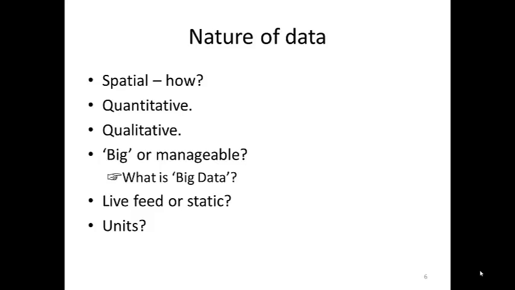Anyway, do you have manageable data or is it big data? Do you know what I mean by big data? What makes data big rather than just a lot? Storage capacity is one. That might be one.